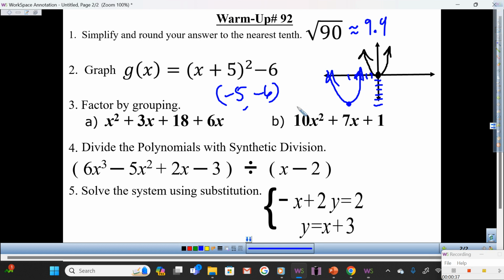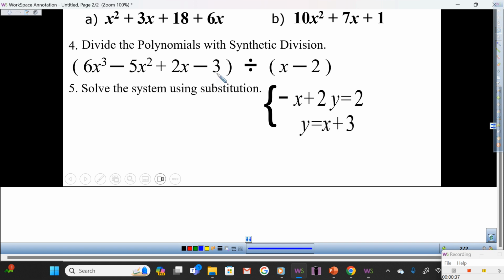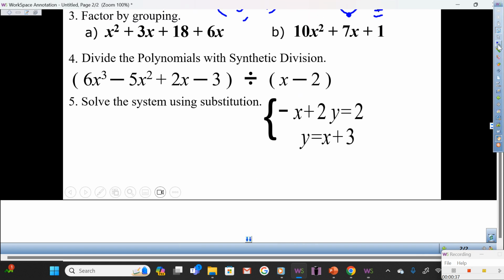All right. Number 3, factor by grouping. So I'm bringing these back. Let me go over this to refresh your noodle. First things first, it needs to be in standard form. Is it in standard form? No. So this is x squared plus 3x plus 6x plus 18.